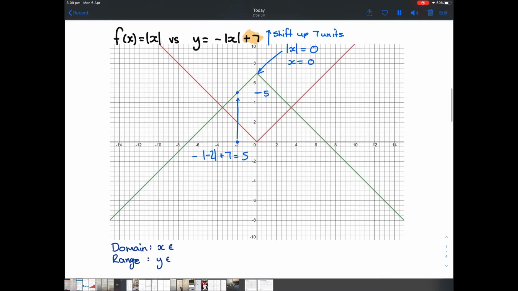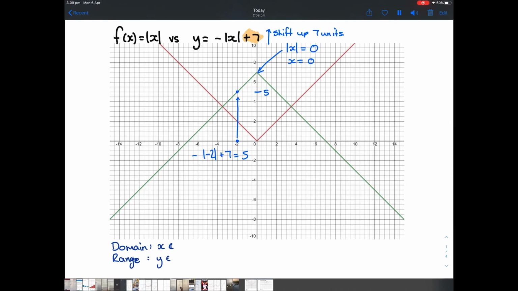So now that we know our sharp point has been shifted up 7 units and we know where it's at 0, let's talk about its domain and range again. Well, again, its domain is going to be x belongs to negative infinity to positive infinity. And when we look at this, because it's the negative value of absolute x, our lowest value is negative infinity.